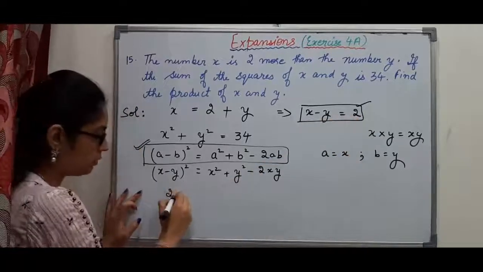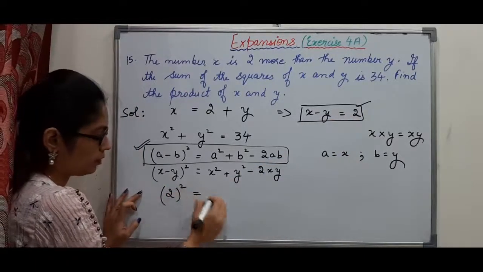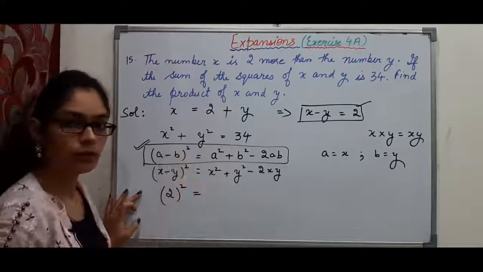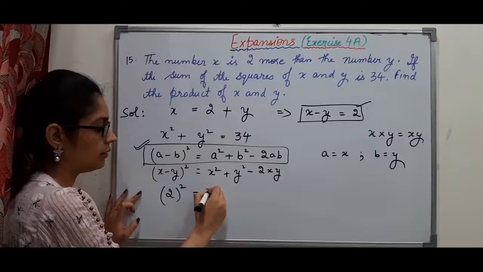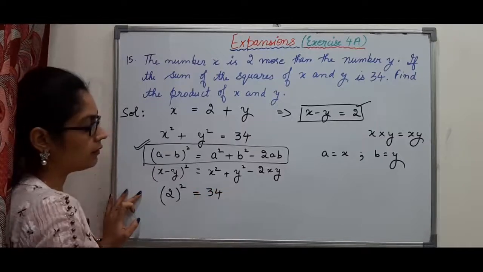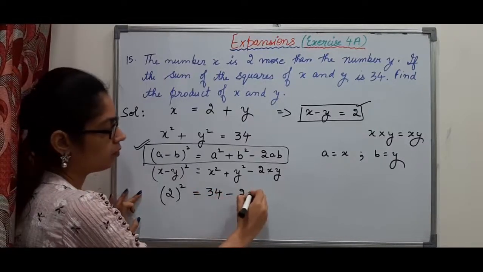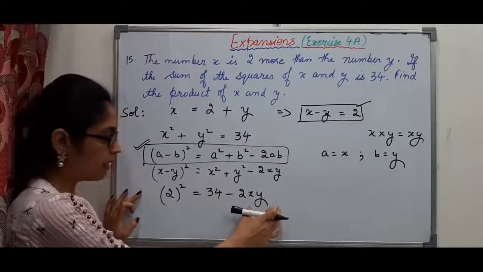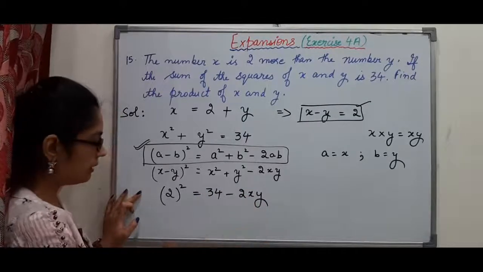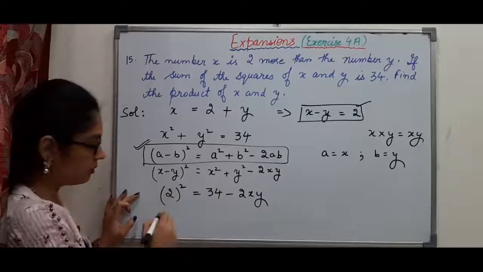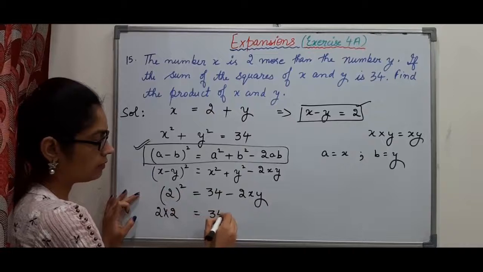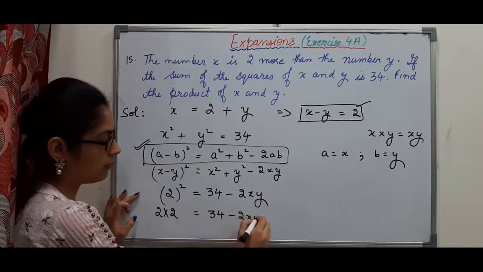So we can substitute here. X square plus y square is also given to us. Its value is equal to 34. So we'll substitute here 34 minus 2xy. This is the value of xy we have to find. So this we will write as it is. 2 square is 2 into 2. 34 as it is minus 2xy.